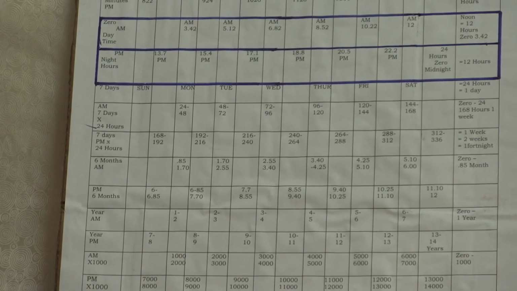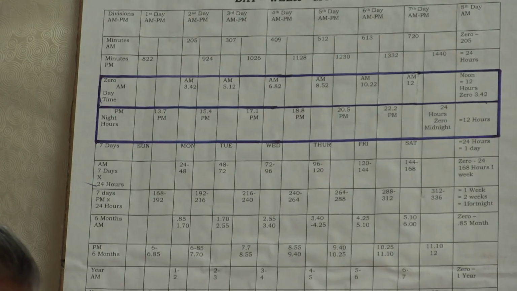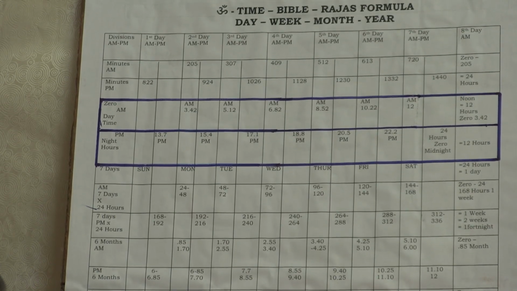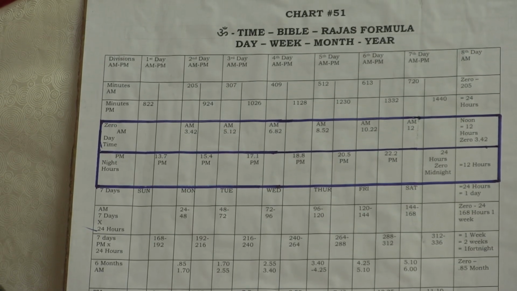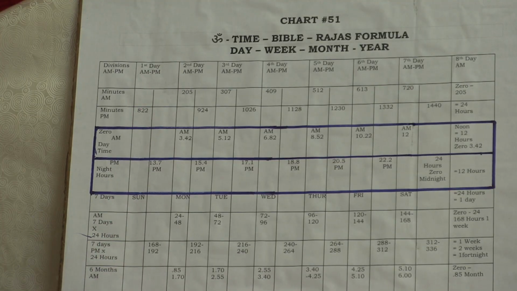Now in Genesis 1:4-5, I'll read the verse. And God saw that the light was good, and God separated the light from the darkness. And God called the light day, and the darkness he called night. And there was evening, and there was morning, one day. Now, there was evening on the first day. And you must understand what day means. Day means division.